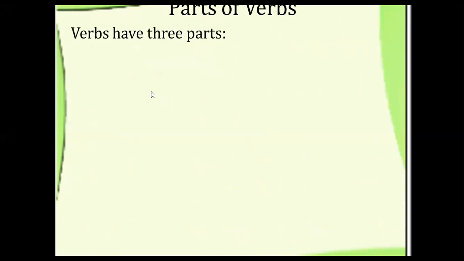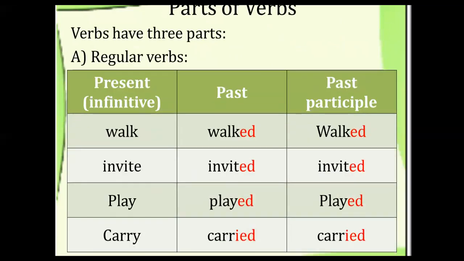Here we have regular verbs: walk, walked, walked. The ED is pronounced as T. So here is walk, walked, walked. Okay, my friends, this is present. This is the past participle, which is used in the present perfect tense.